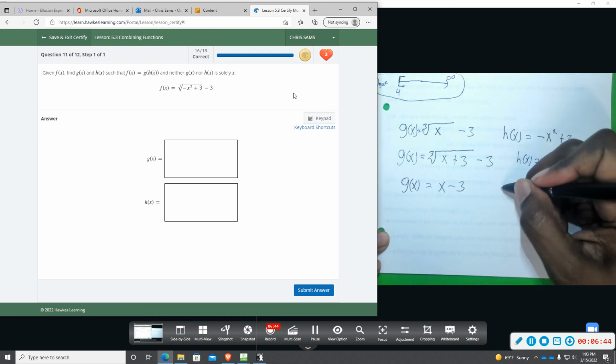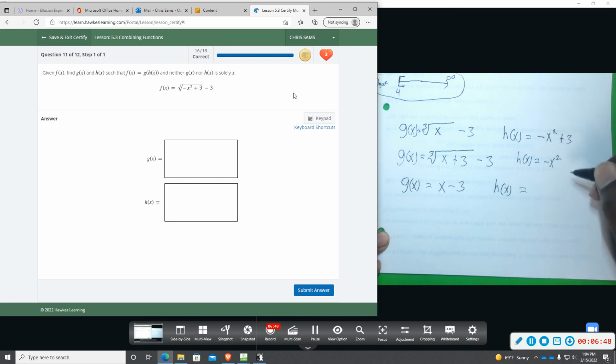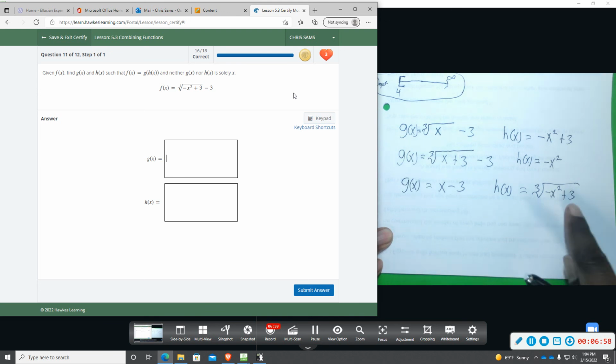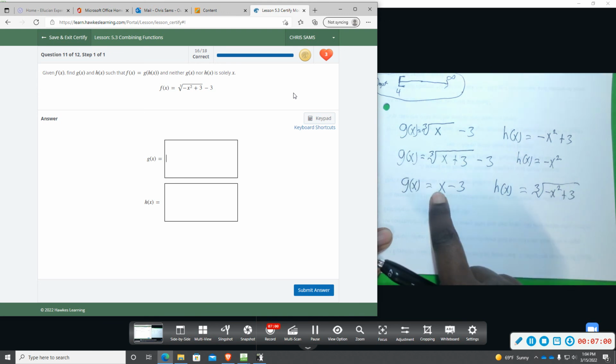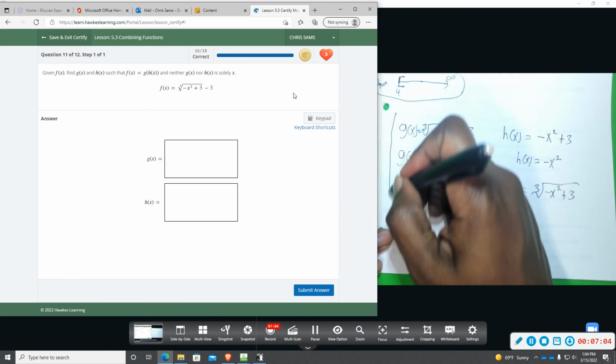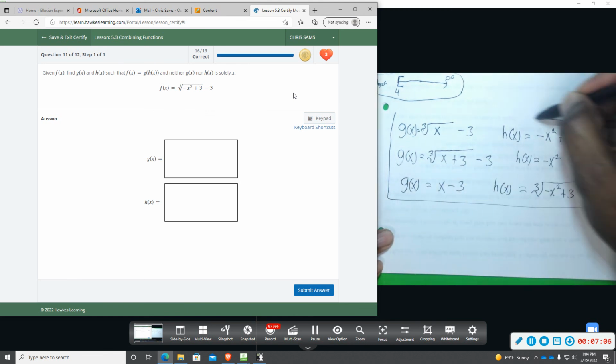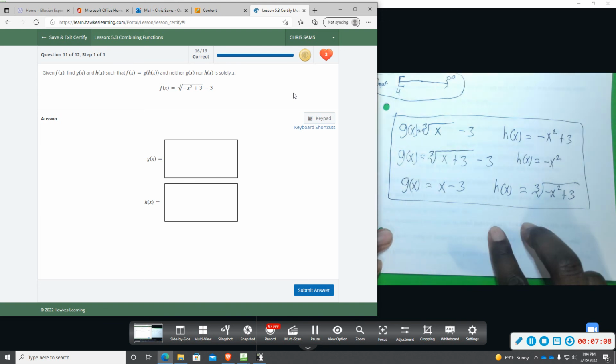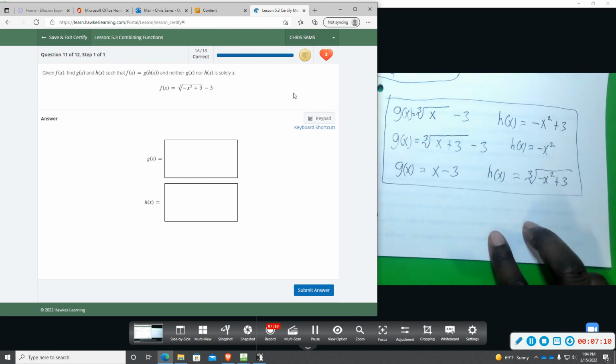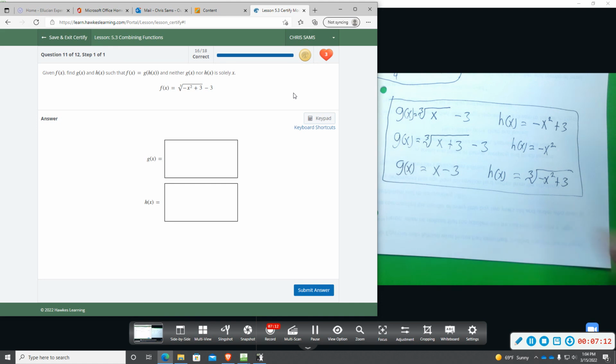And then we could say that h of x is equal to cube root of negative x squared plus 3. So you replace this whole thing with x, and then you get the same equation. So this is just 3 different ways, but there are probably many, many more that you could do and make this work by adding and subtracting constants.